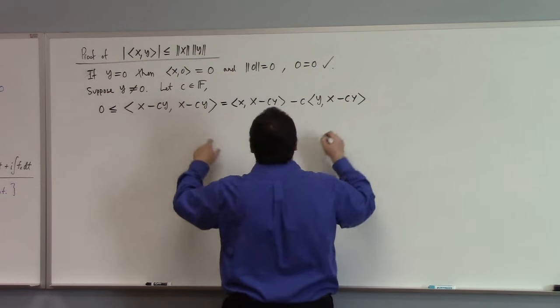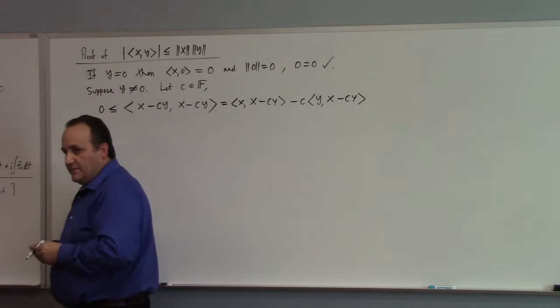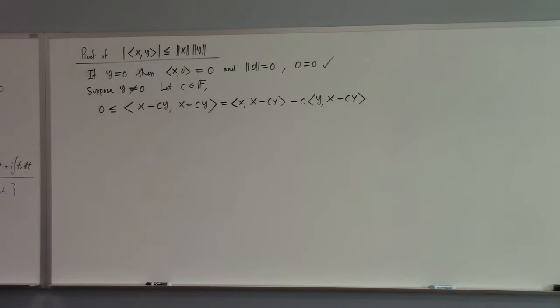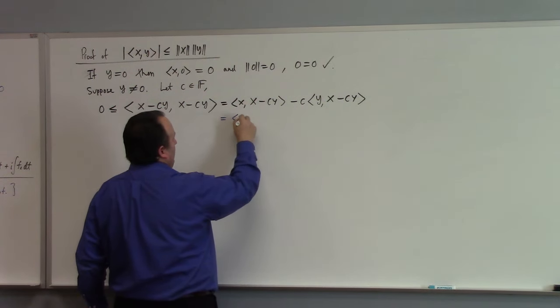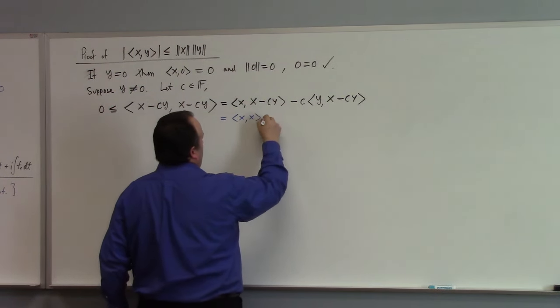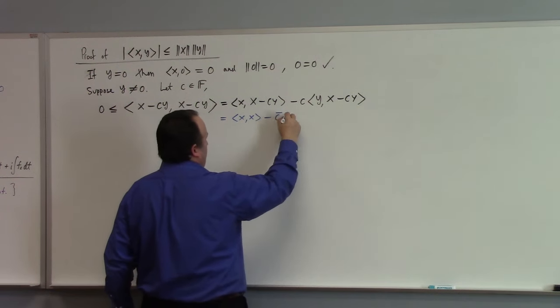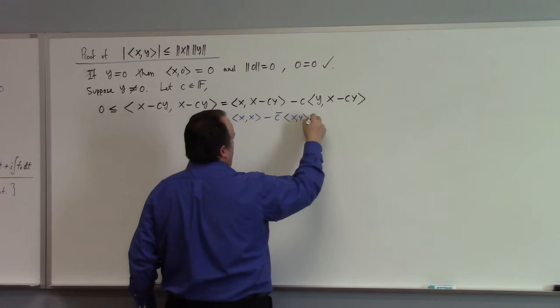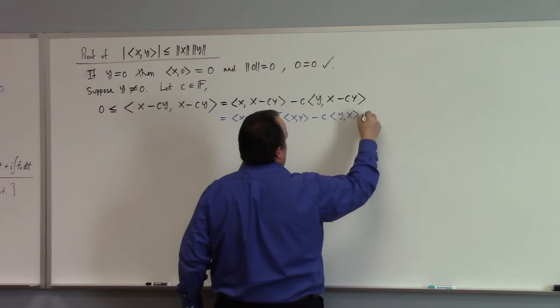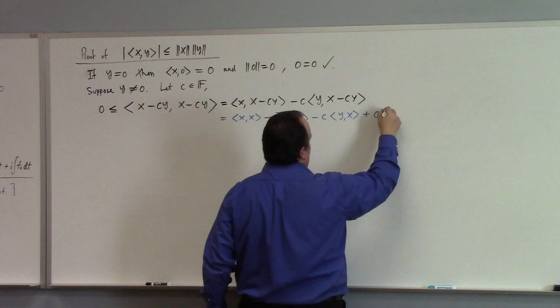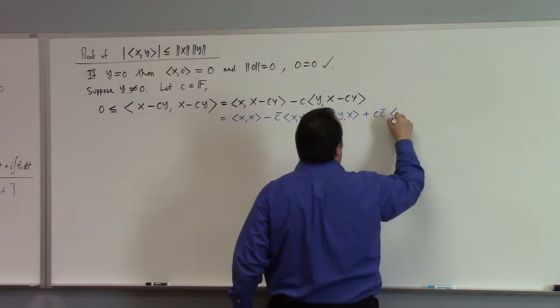So there I used additivity of the first component. Next, I'll use additivity of the second component. So this is x with x, minus c conjugate x with y, minus c y with x, plus c c bar y with y.